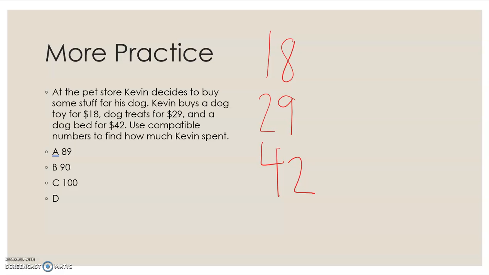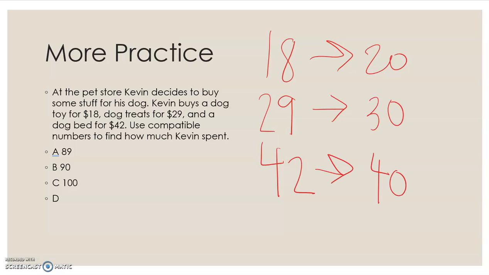I will be rounding first. For this example, I will be rounding all my numbers to the nearest 10, which means I will have 20, 30, and 40. Now, I know that 2 plus 3 plus 4 gives me 9. And all I have to do is bring down my 0. So I end up with 90, or B.